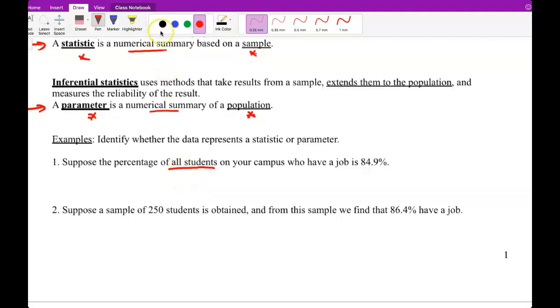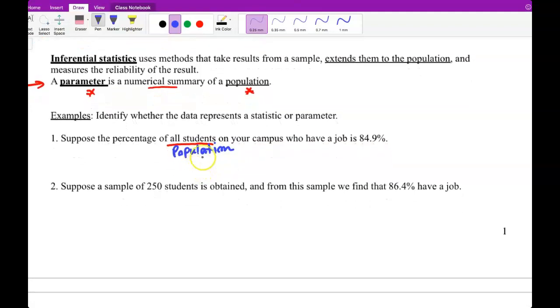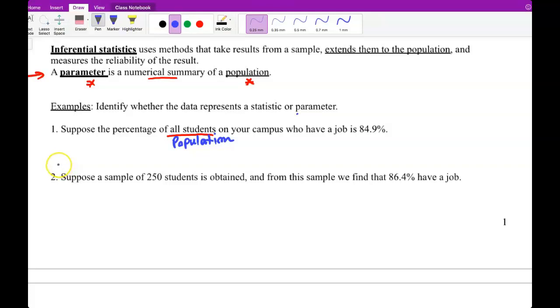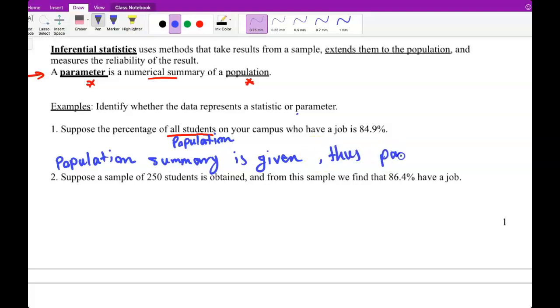So this means here we have a population, and since we have a population, this means here we use parameter. So a population summary is given. Therefore, this one is a parameter.